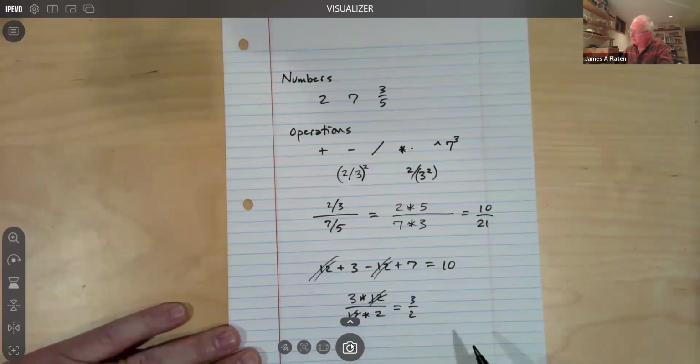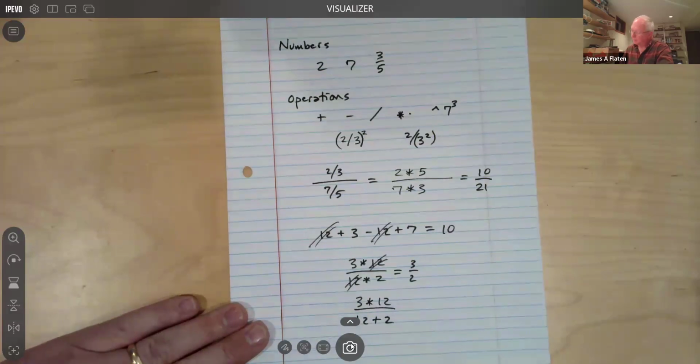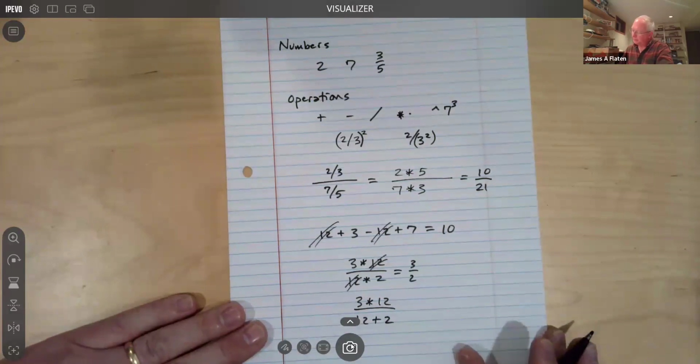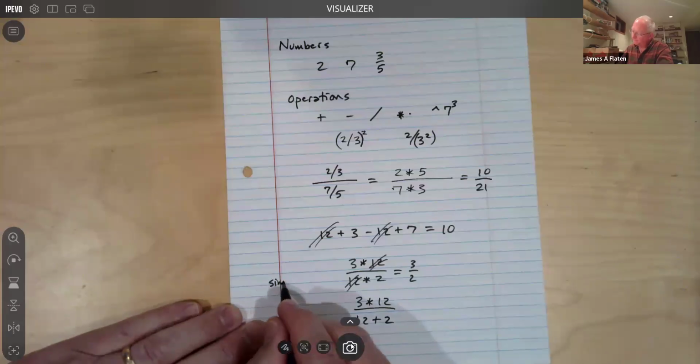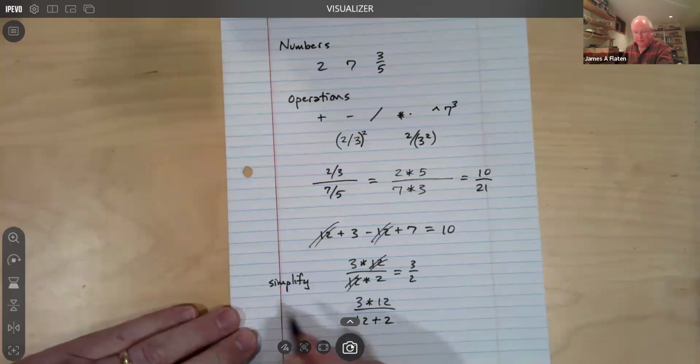On the other hand, it does not work to say 3 times 12 over 12 plus 2. That would not work. Now I can't cancel the 12s. Okay. So simplify. And simplify involves often cancellation. Watch for cancellation.